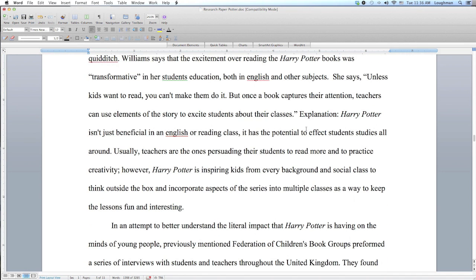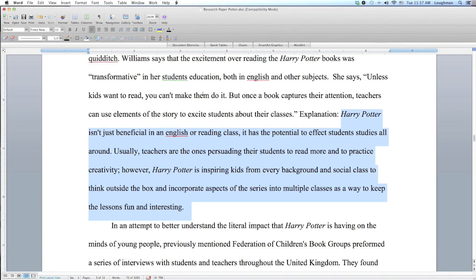And again, the explanation should be as long as the example, and it isn't, but this still has every aspect. So here is the author's opinion. Harry Potter isn't just beneficial to an English or reading class. It has the potential to affect student studies all around. A couple errors in here. That's all right. Usually teachers are the ones persuading their students to read more and to practice creativity.